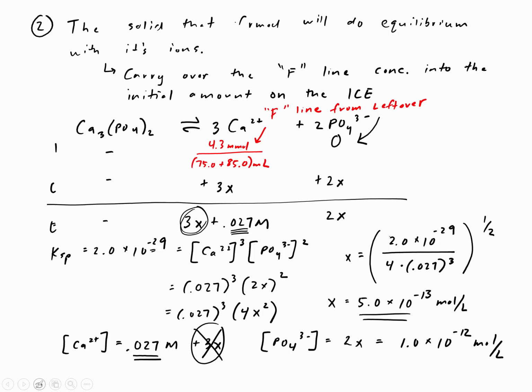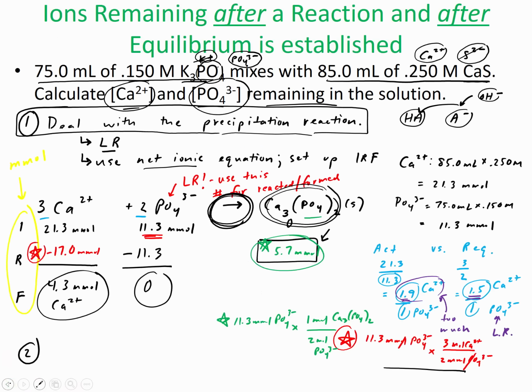Just to recap, we want to notice that there's two starting reactants, so we need to set up the chemical reaction, one-way arrow, and we get our millimoles of both. We have to figure out which one runs out, so that we know which one goes to 0 and which one's left over.